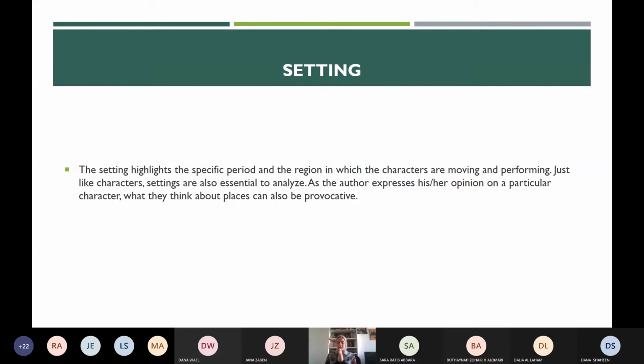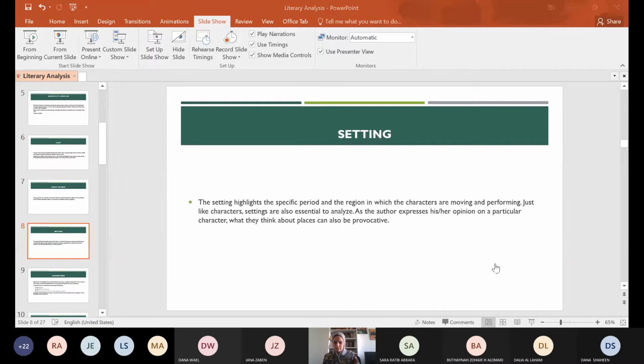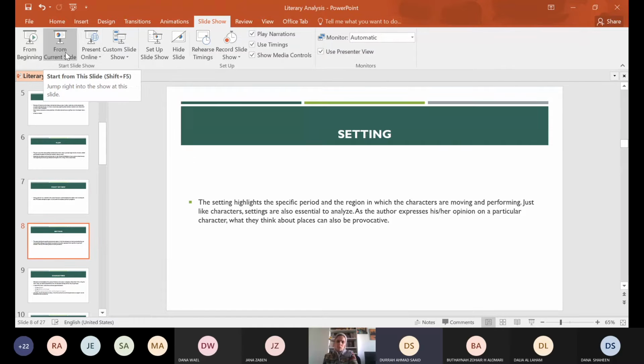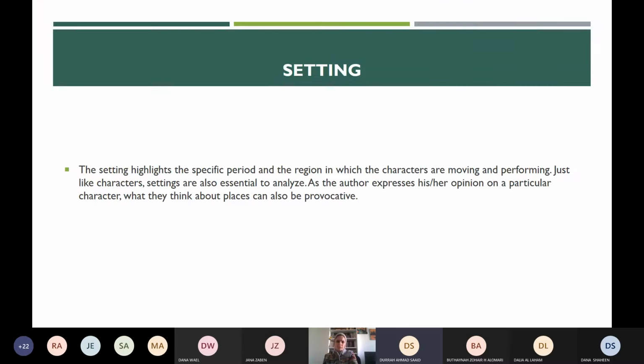What is the setting? The setting is where the story is taking place. Yes, where and when. Why would it be important to mention or analyze the where and when?